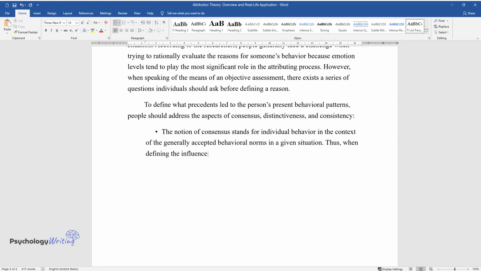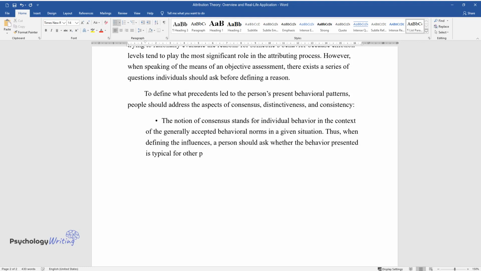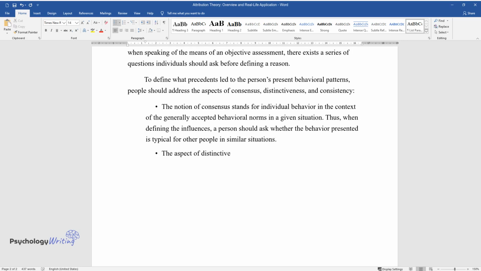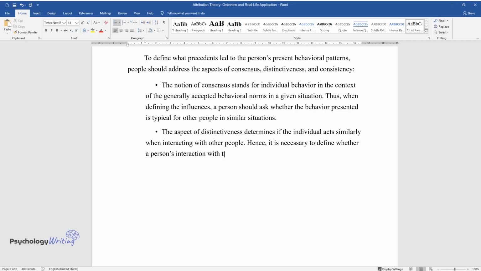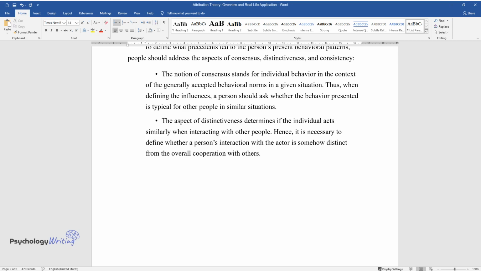Thus, when defining the influences, a person should ask whether the behavior presented is typical for other people in similar situations. The aspect of distinctiveness determines if the individual acts similarly when interacting with other people. Hence, it is necessary to define whether a person's interaction with the actor is somehow distinct from the overall cooperation with others.